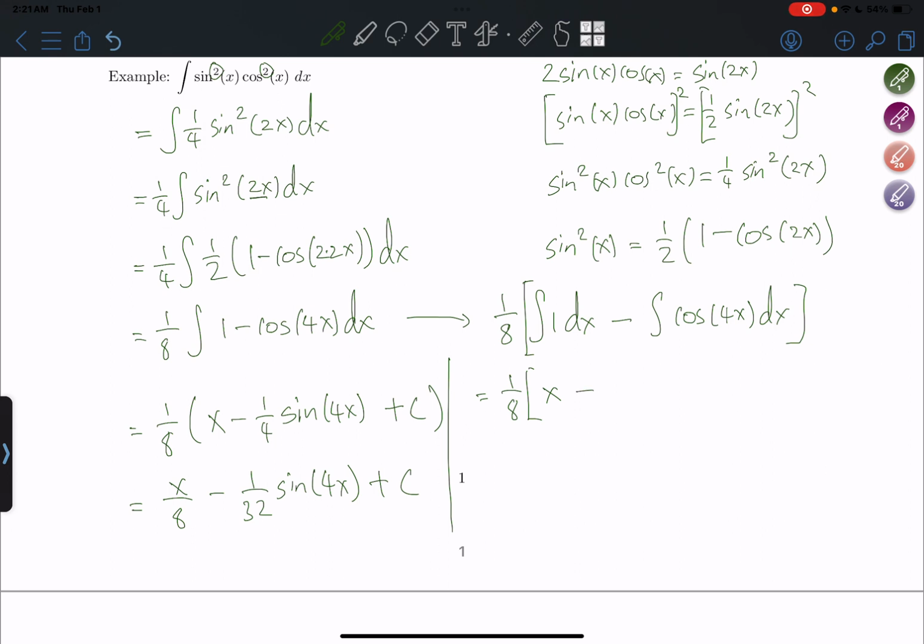Even if you were to use the same trick as before, you have to do integral of 1 over 4 times 4 cosine of 4x dx. Right? And now you can pull out the 1 over 4 and then just do that integral, which is sine of 4x. Okay, and don't forget the plus c. So that's how I got that value.